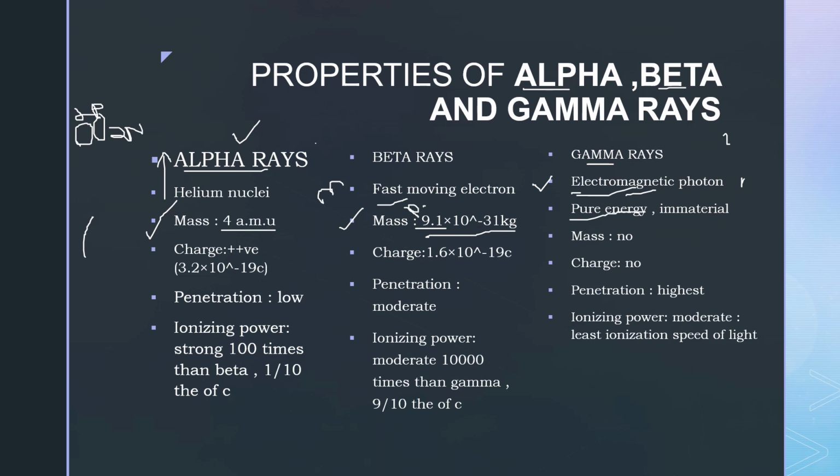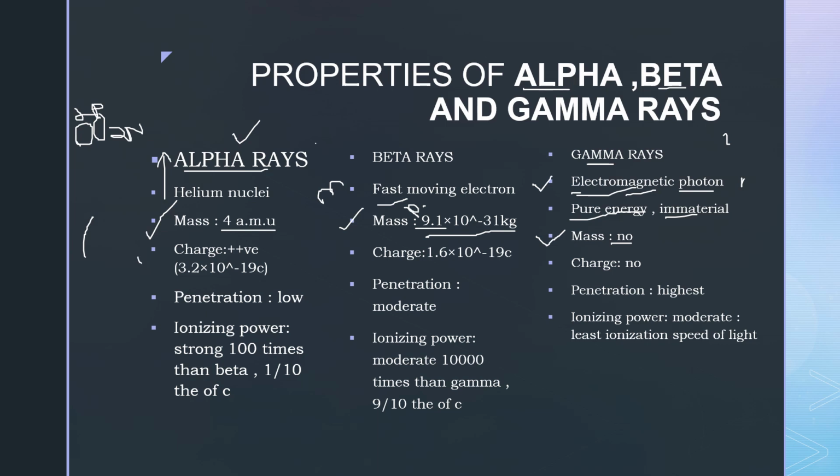It is immaterial. Immaterial means it does not have any mass, nor any charge. So it is not any material, but still it's an energy, a photon. Secondly, the mass of the gamma rays is nothing. It does not have any mass.